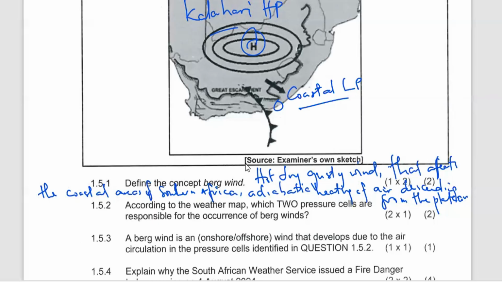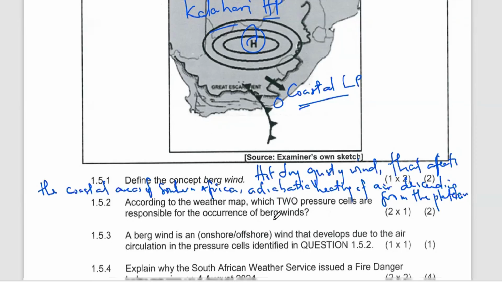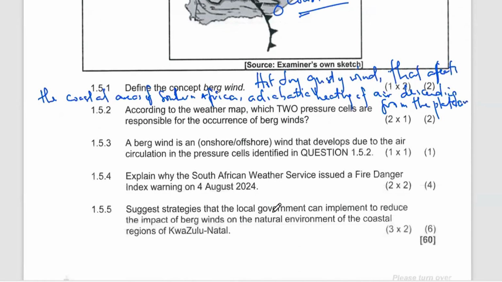The dominance of the Kalahari high pressure cell over the interior causes descending air, and there will be a pressure gradient because there will be a low pressure cell around the coastal areas. Because of that difference in pressure, air drifts down the plateau to the coastal areas, and as it goes down, it heats up adiabatically, and it is going to cause the Berg winds.